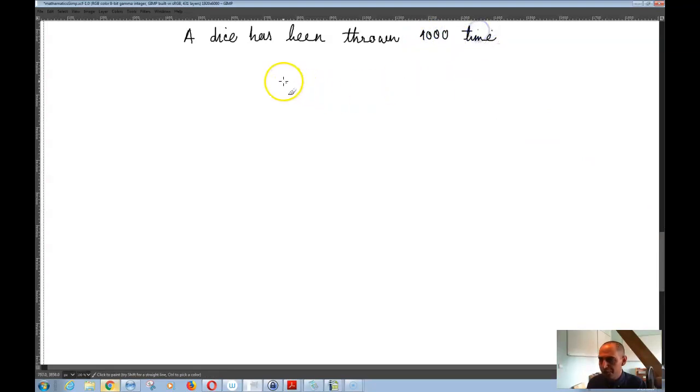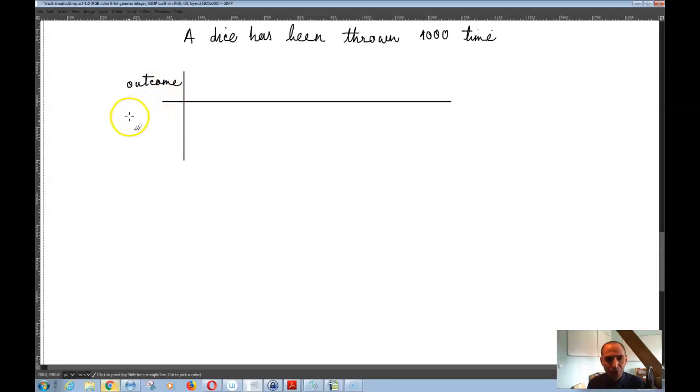So now these are the frequencies that we have gotten. We have the outcome here, and we have the frequency. For example, all the different outcomes were 1, 2, 3, 4, 5, and 6.